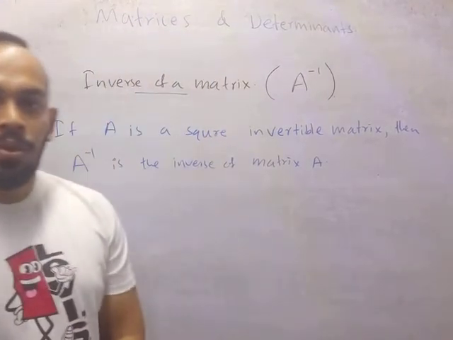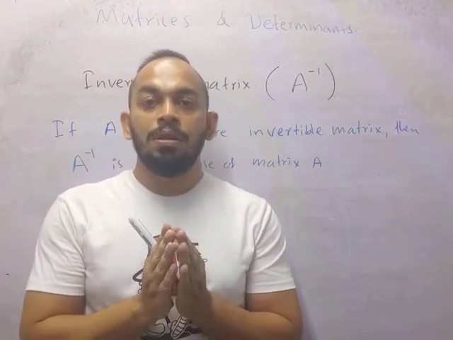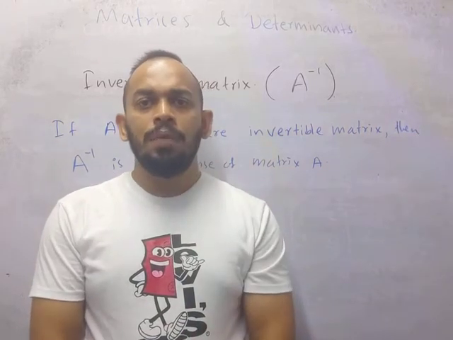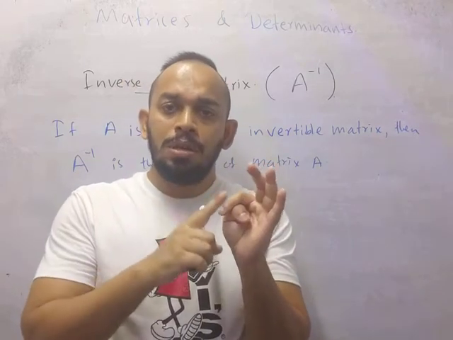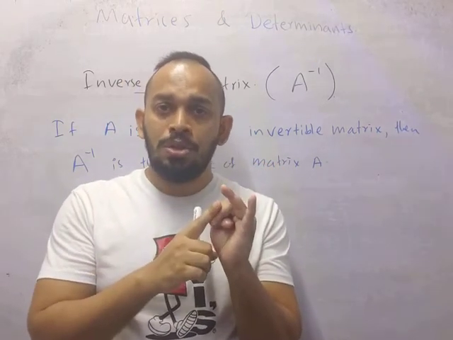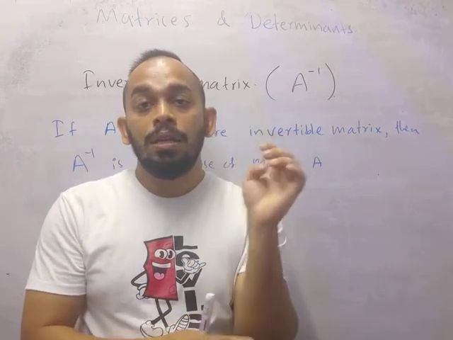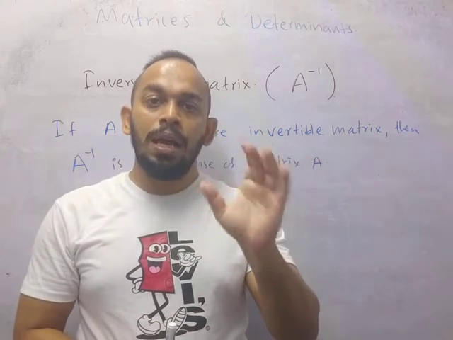Now we can begin the definition of an inverse matrix. When it comes to numbers, you have learned about division. Until now, we learned about addition, scalar multiplication, subtraction and multiplication of two matrices, and we can't define division for matrices. So instead of division, we define an inverse.